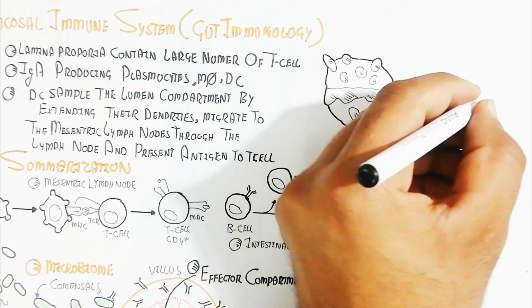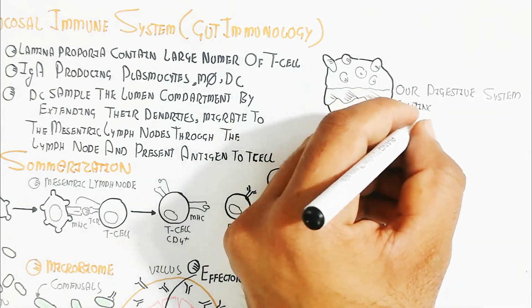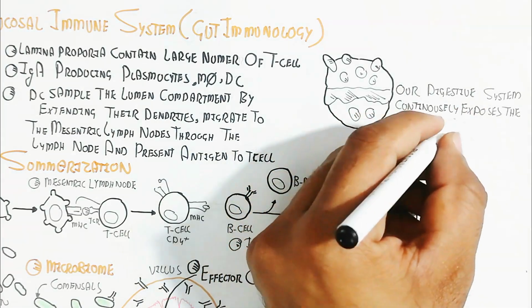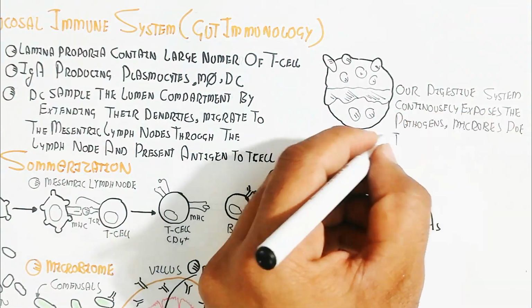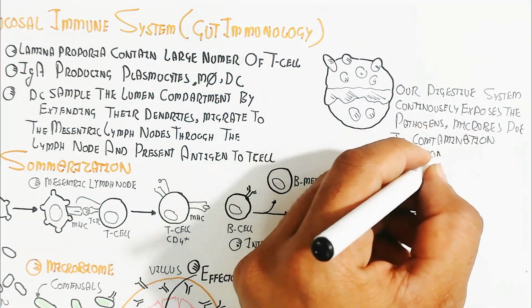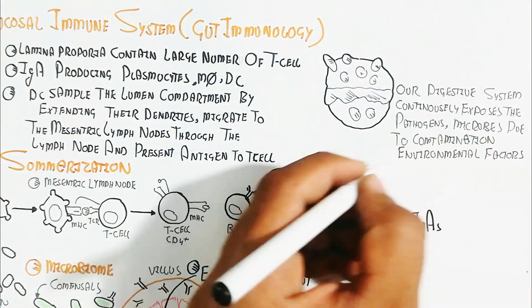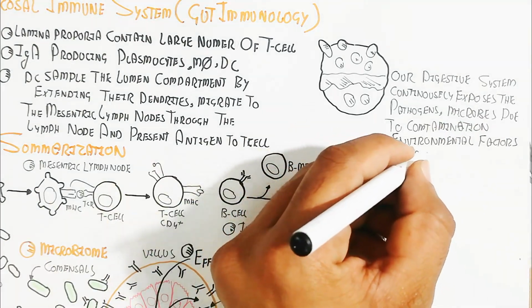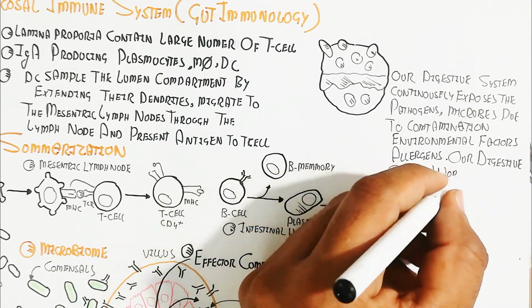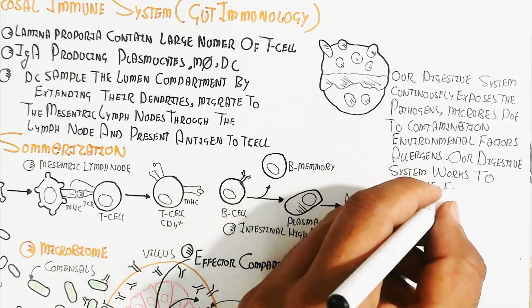So let's begin to understand the major problem: our digestive system is continuously exposed to pathogens and microbes due to contamination, environmental factors, and allergens. Our digestive system has evolved for survival. So for surviving this continuous pathogenicity, there is inhibition through immune cell activation.